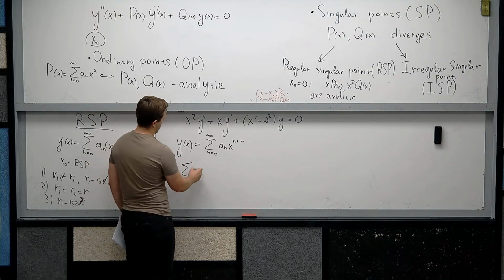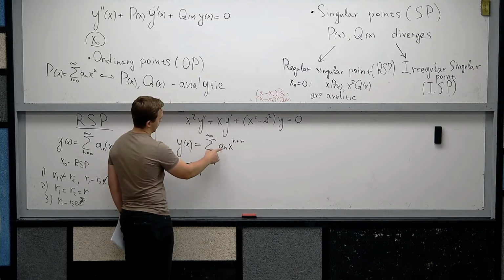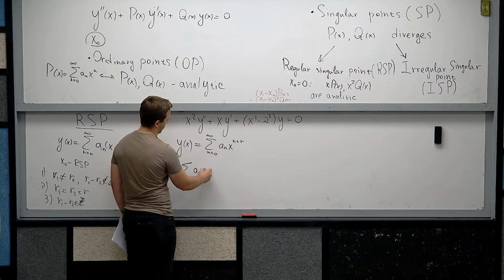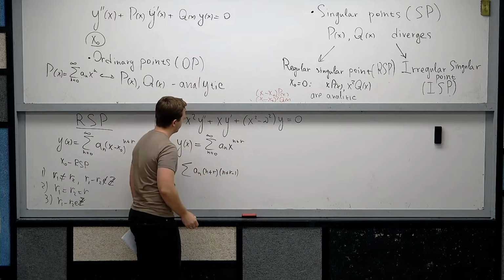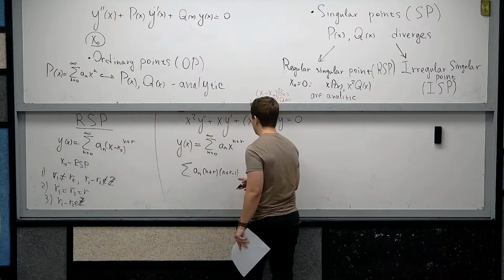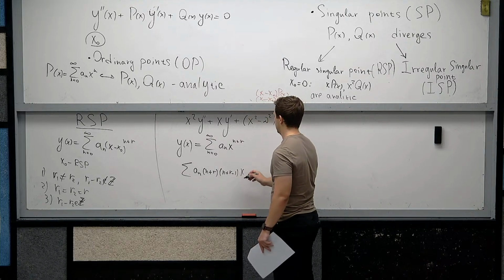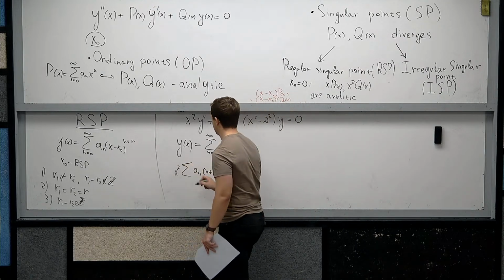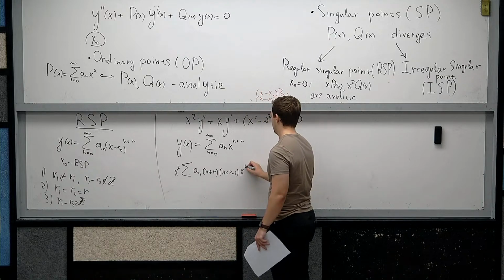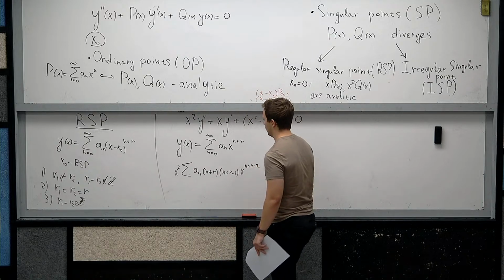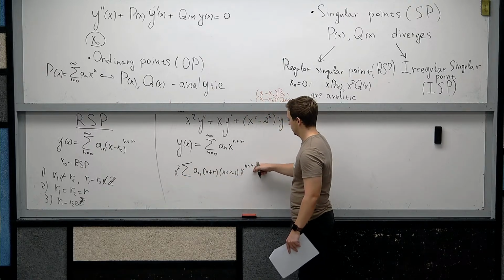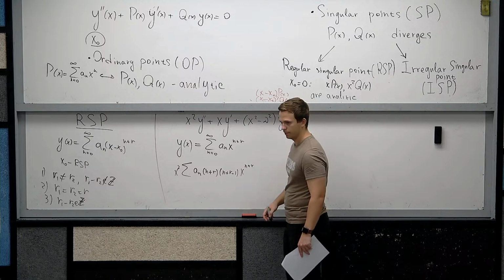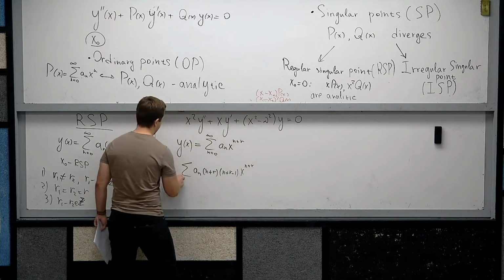Okay. And let's just plug this into the equation. From the second derivative of the first term, we will get n plus r, and from the second, n plus r minus 1, right? And then we have x squared, x to the power n plus r minus 2. After multiplying this by this, we will get this one.